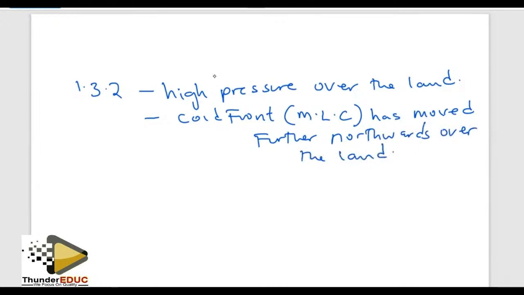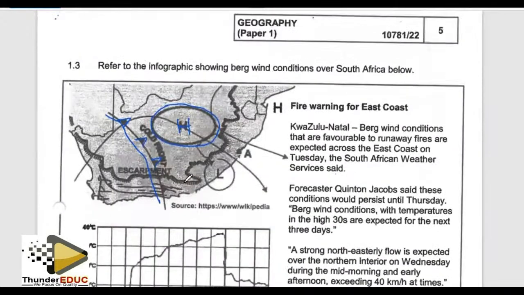So let's check again for clarity. You can see, like we mentioned, the cold front has moved further northwards over the land. Another evidence, we could as well look at the position of the high pressure cell. This high pressure cell that we refer to as the Indian high pressure cell has well moved northwards. Normally, these high pressure cells in summer are situated a bit further away.